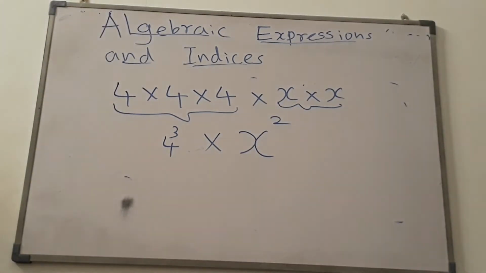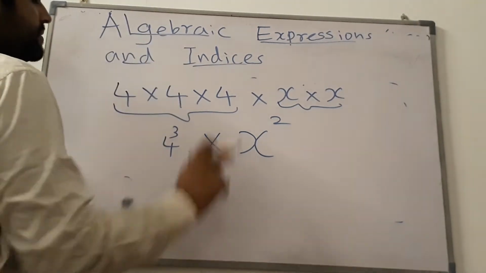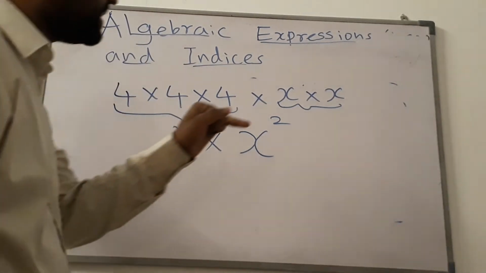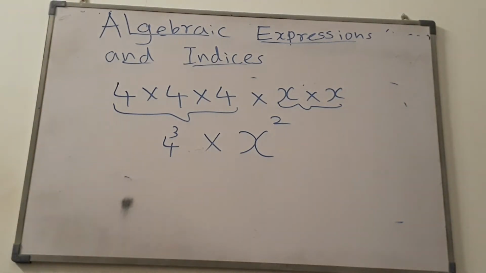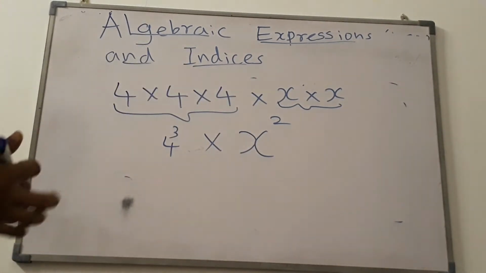Okay, so like the first example, where we got 2 to the power 3 times 3 to the power 2, here we get 4 to the power 3 and x to the power 2. But there's a difference. Previously we got two numerical values, but here one is a numerical term, the other is an algebraic term.